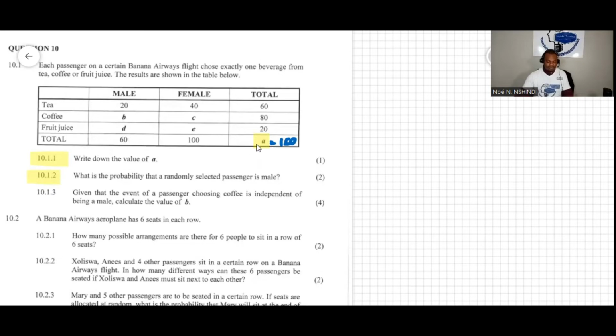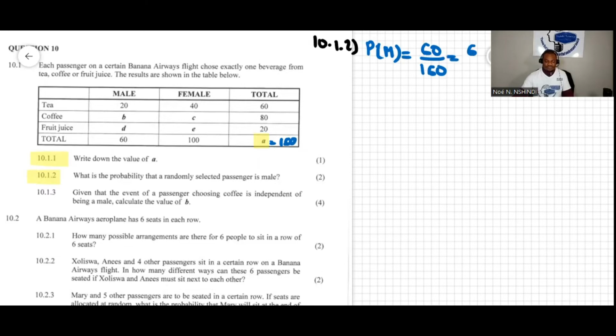I'm going to write 10.1.2. The probability of a male passenger would be equal to 60 over 160.